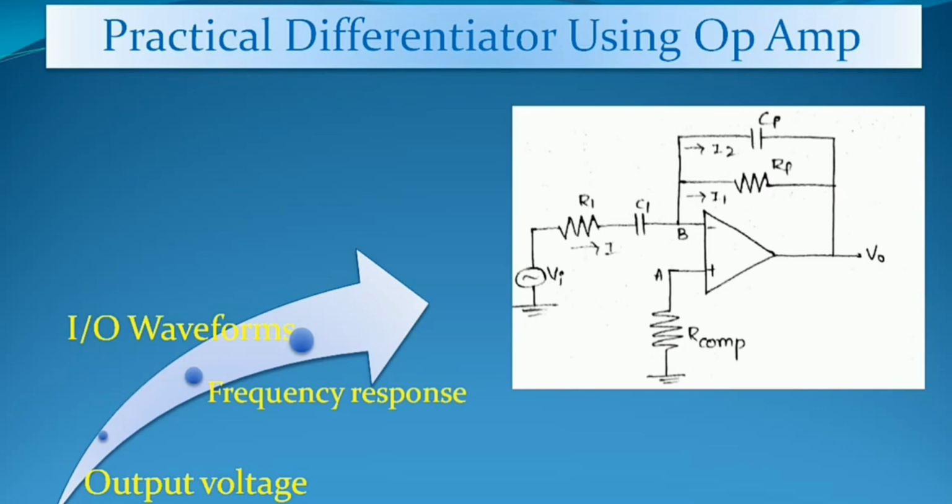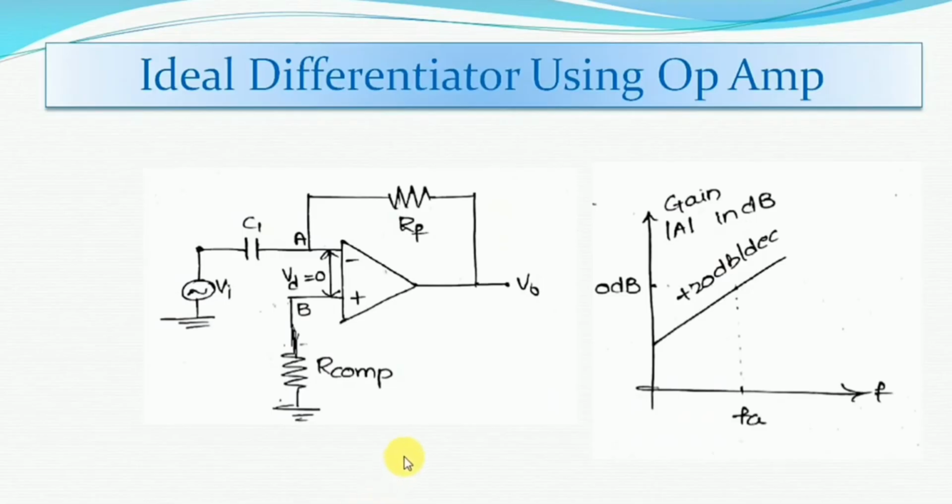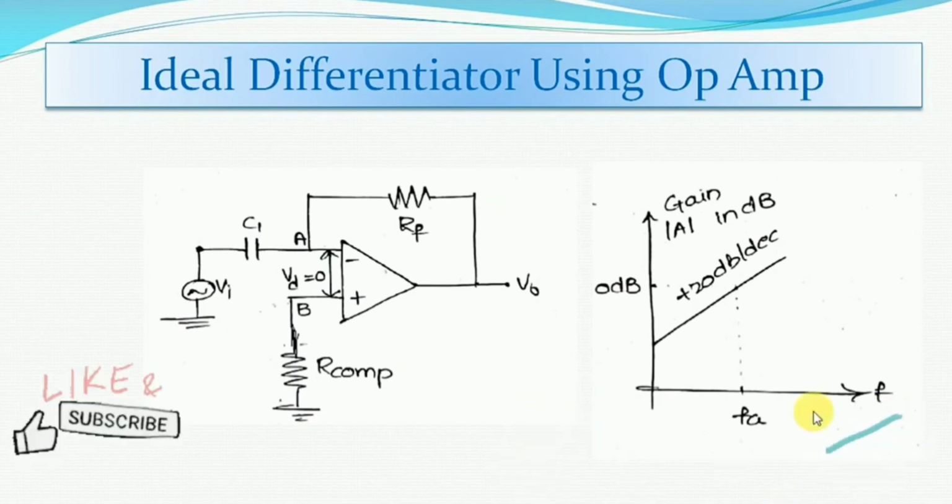In brief, this is the circuit of the ideal differentiator op-amp, and this is the frequency response plot for this kind of circuit. If you observe here, fa indicates the cutoff frequency of this differentiator circuit.